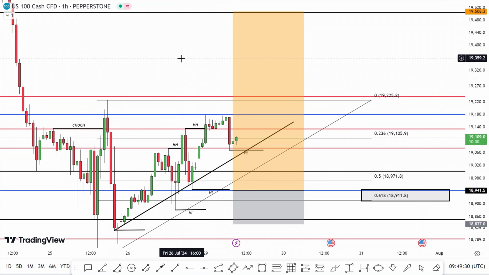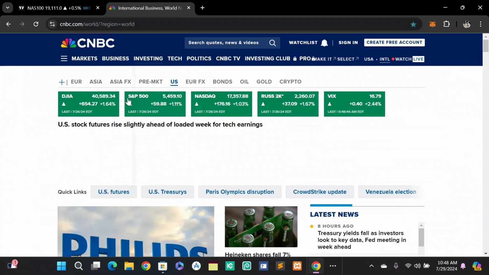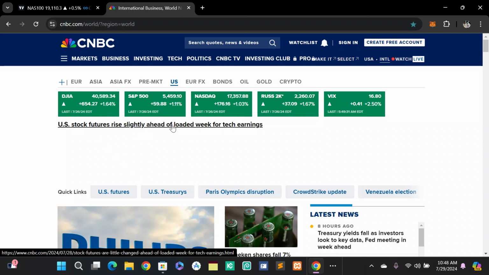And also we are waiting for Nasdaq, the heavy tech index that consists of 100 tech companies, which is waiting for the earning reports. Because if we come to CNBC, US stock futures rise slightly ahead of a loaded week for tech earnings.